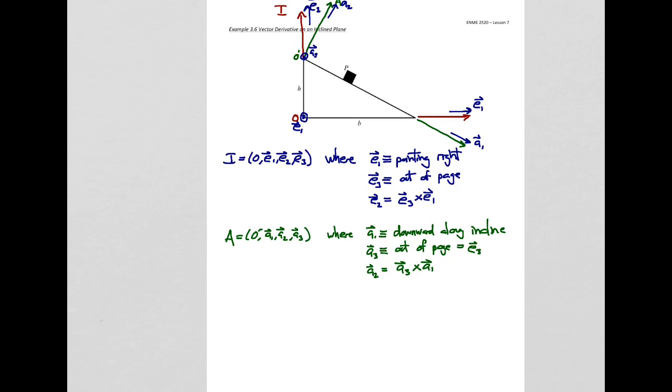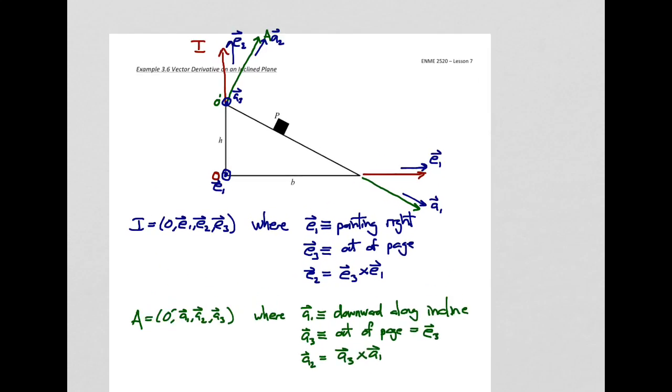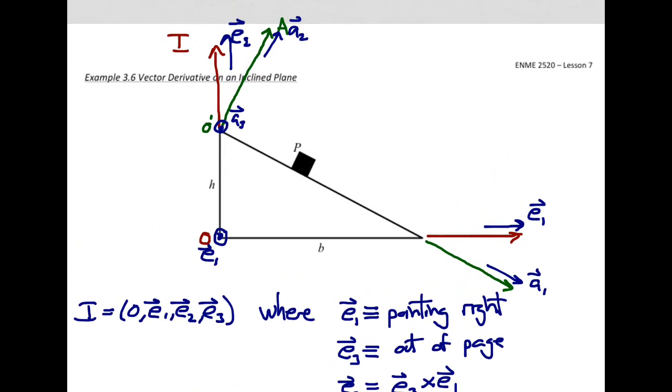Alright, so now we have two reference frames. And so for our third reference frame, let's create a reference frame. We'll put it in purple. This will be a reference frame in which our origin is at O, and then we have one of the axes going through the mass P, and then the other axis perpendicular to this.